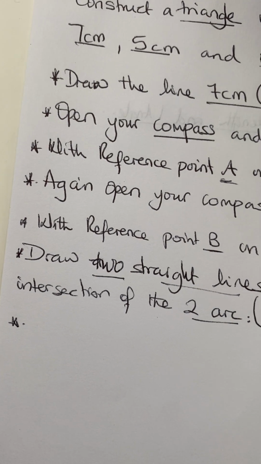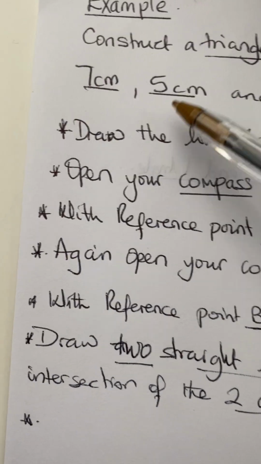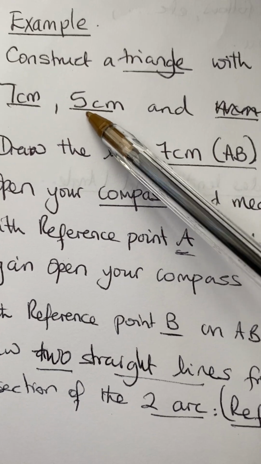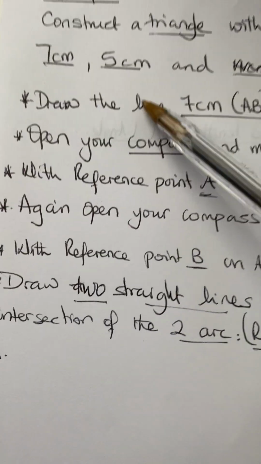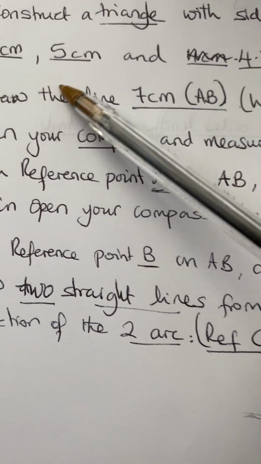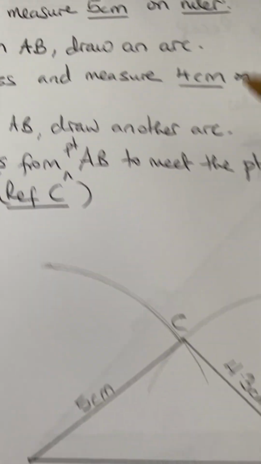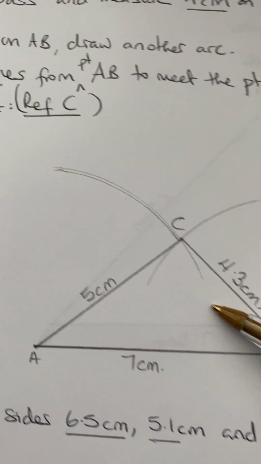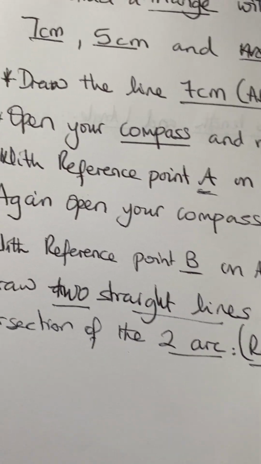So again, we've constructed or drawn a triangle with sides 7 centimeters, 5 centimeters, and 4.3 centimeters, as I've just said to you. So I'm going to talk you through it again.